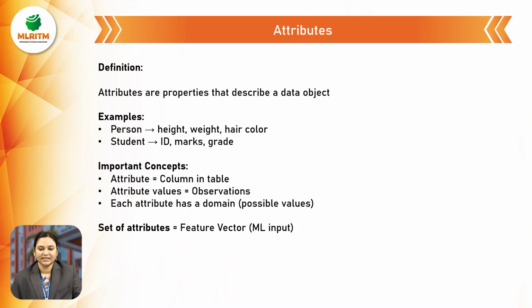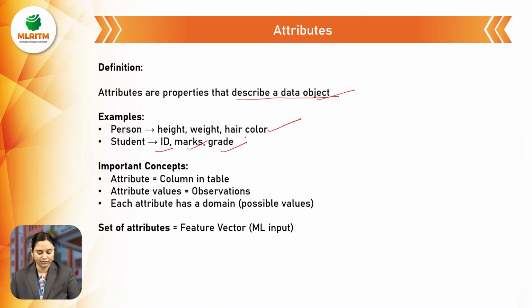And the next topic is attributes. Attributes definition: attributes are properties that describe a data object. Here are the best examples. For a person: height, weight, and hair color. For a student: ID, marks, and grade.